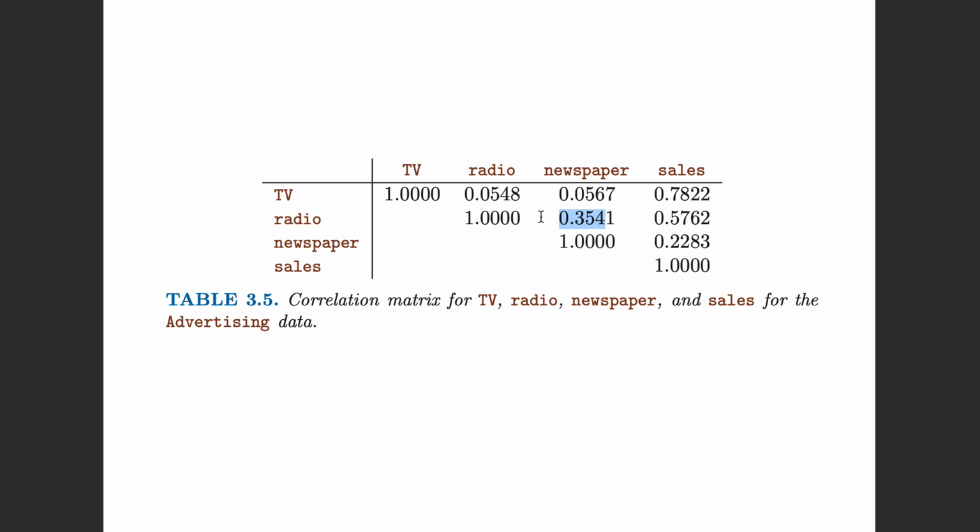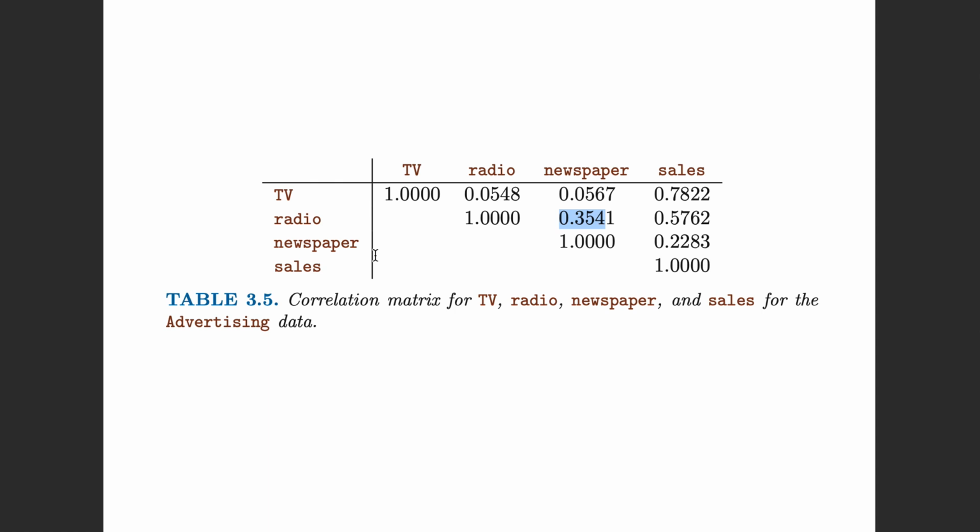So markets where there's more money spent on newspaper advertising, those markets tend to also spend more on radio advertising. So now imagine that, as this suggests, let's assume this is correct, and newspaper advertising has no direct impact on sales, but radio advertising does increase sales.